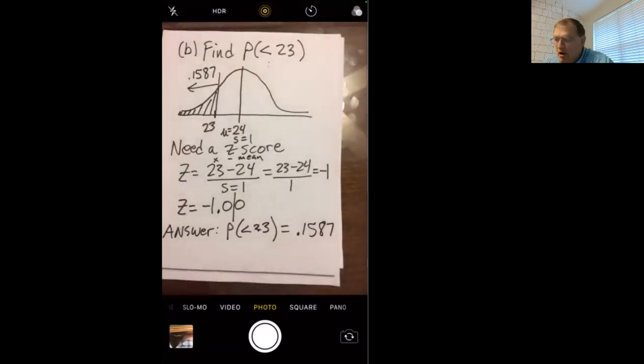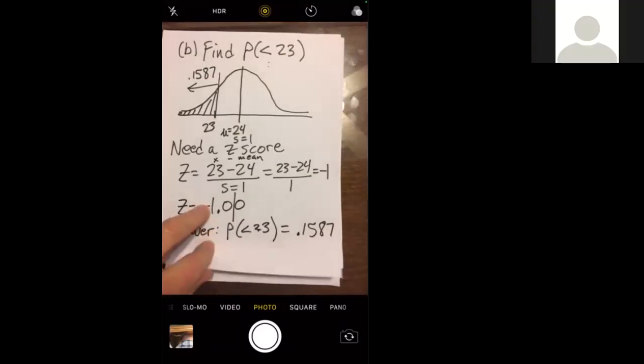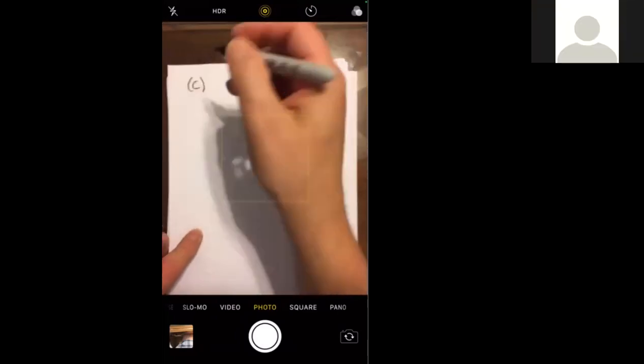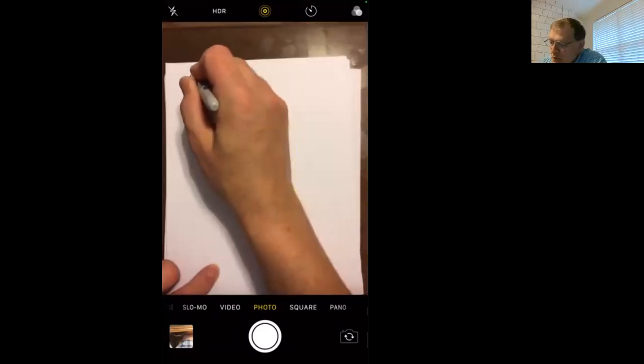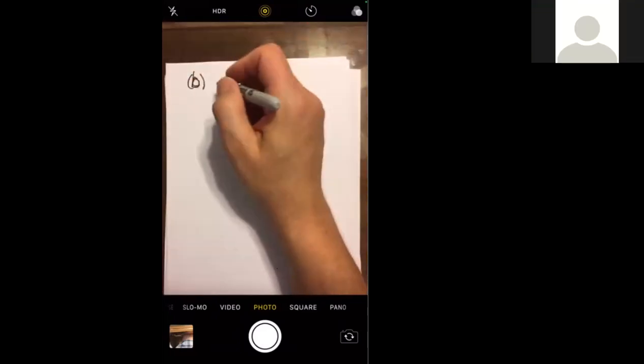Do you want to see any more parts? Which next part, C? No, we are still on part B. It says interpret this probability.